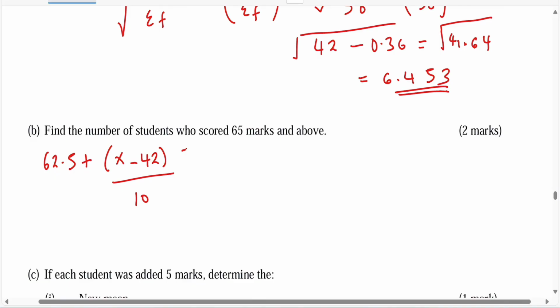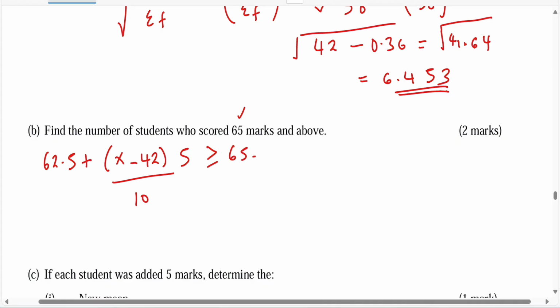This should be greater than or equal to 65. Okay, up to there.